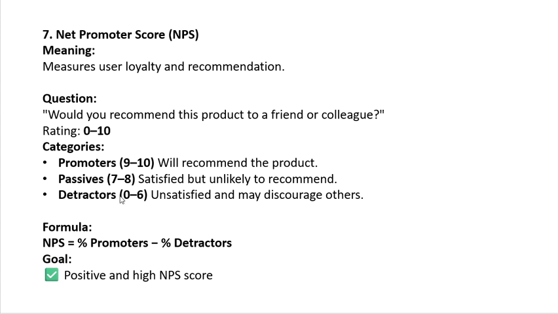Detractors give 0 to 6, are unsatisfied, and may discourage others. The formula is: NPS equals the percentage of promoters minus the percentage of detractors. The goal is a positive and high NPS score from customers.